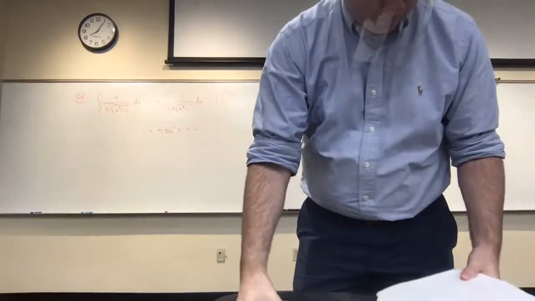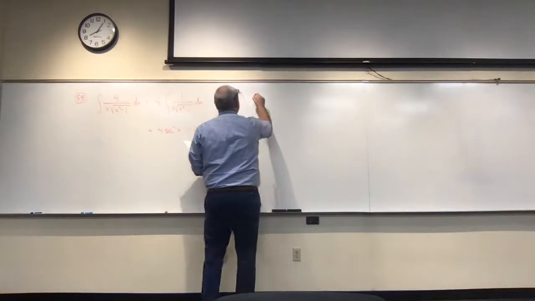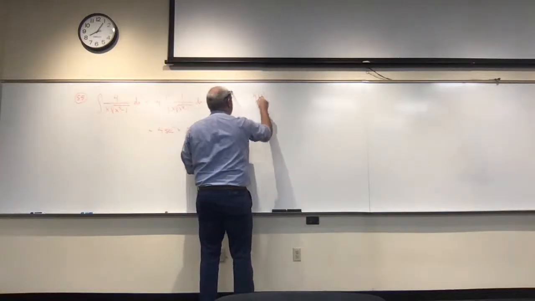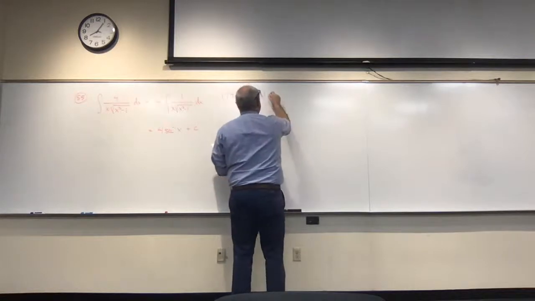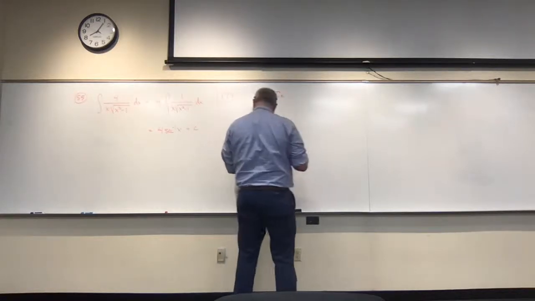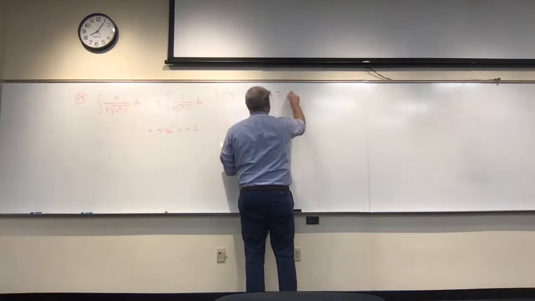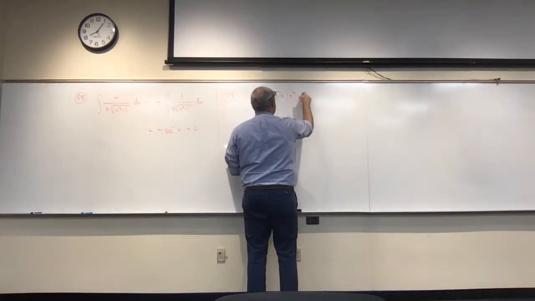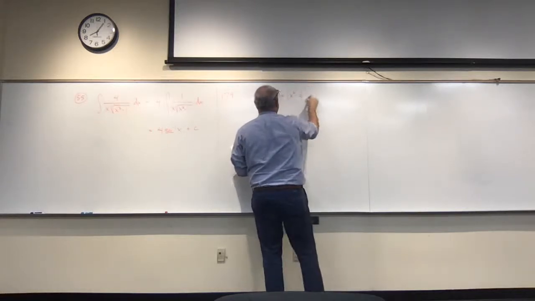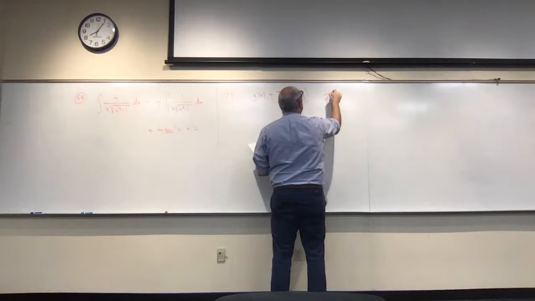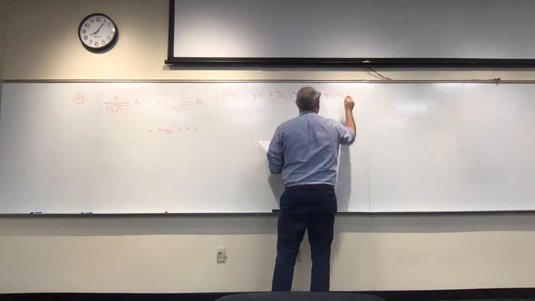We've got g prime of x is equal to 7x times x to the 6th minus 1/7, and g of 1 is 2.